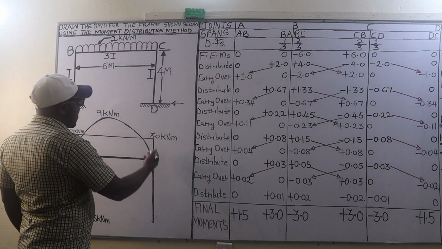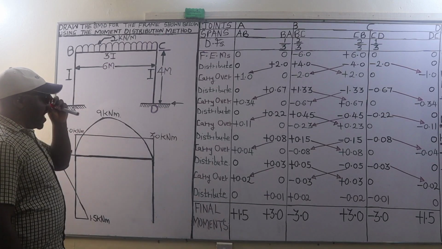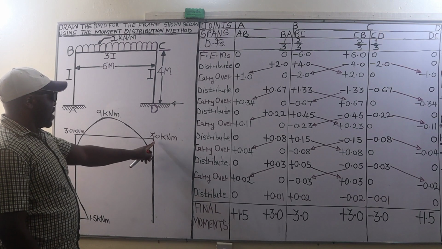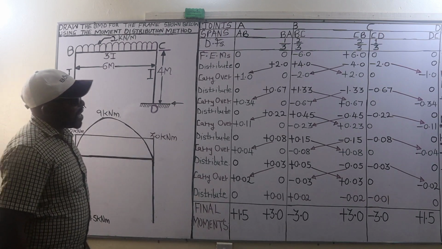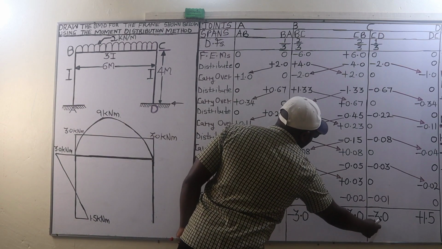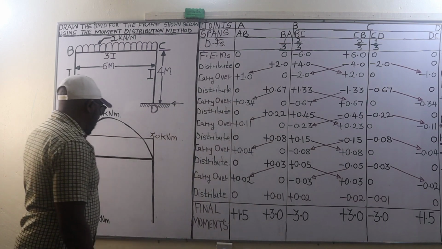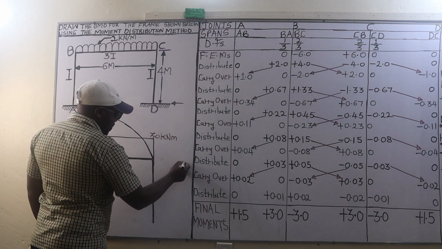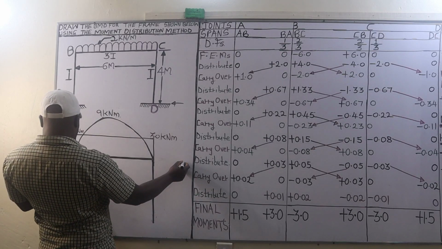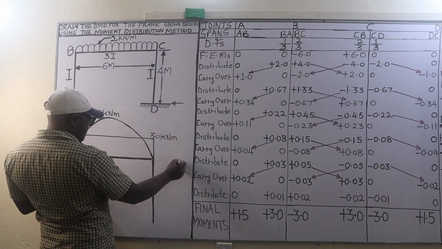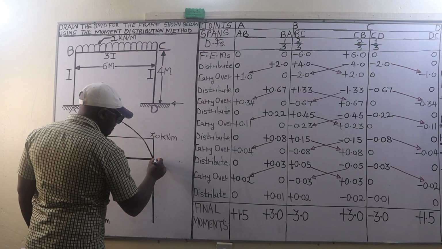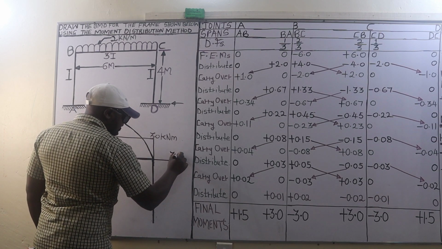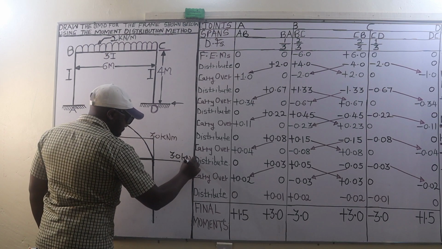Coming to member CD. So on member CD, this one is member CB. On member CD, we got negative 3.0 kilonewton meters. So let me approximate it somewhere there, equivalent to this one on the left hand side. So this is 3.0 kilonewton meters.